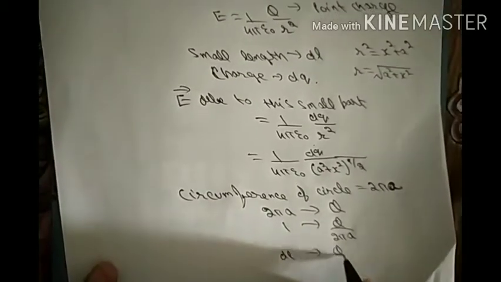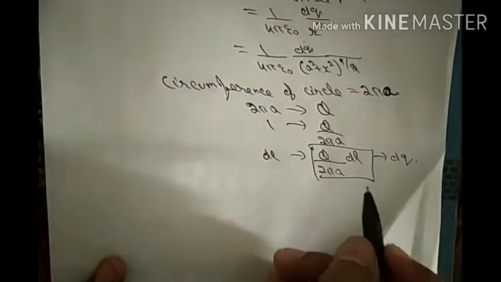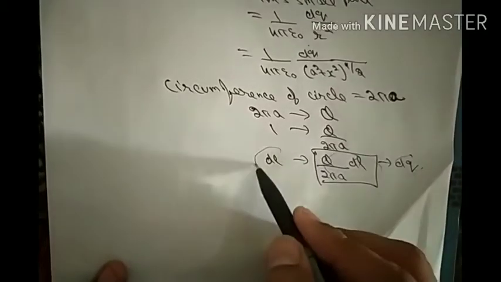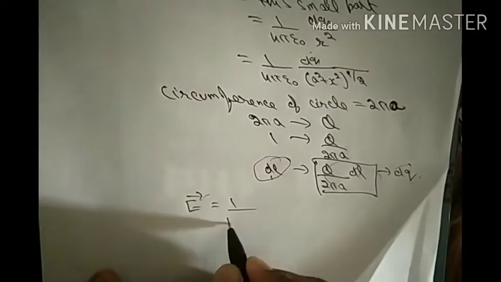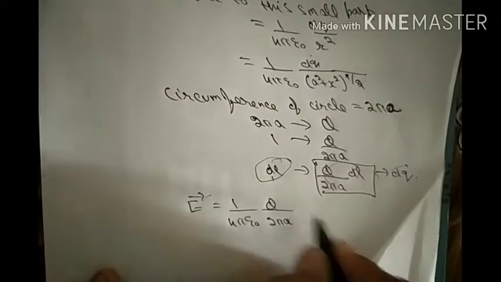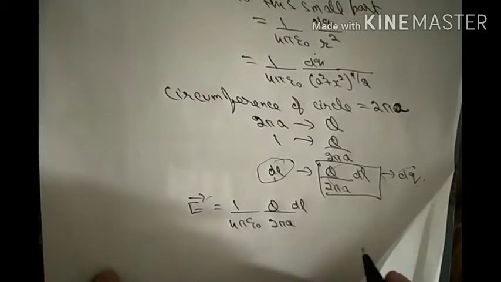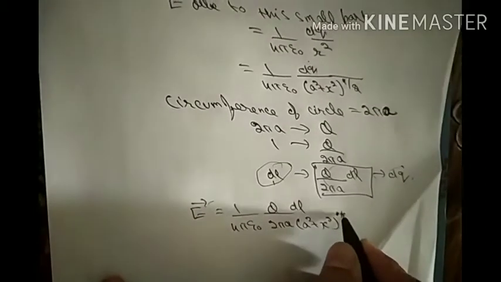So only dl length has charge q upon 2 pi a into dl. This is the value of our dq, the amount of charge present on the length dl. So we can substitute this value, and the electric field becomes 1 by 4 pi epsilon naught, q upon 2 pi a into dl, over (a square plus x square) to the power half.